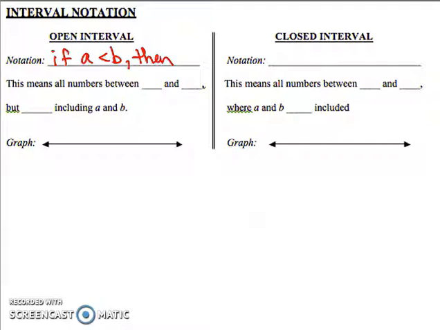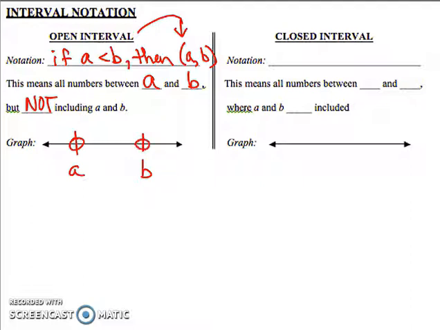We're going to have a rounded parentheses, A, comma, B. Okay, so what this means is all the numbers between A and B, but not including A and B. So that's what the round brackets signify, okay? Round brackets signify an open interval, meaning not including the endpoints. So if we were going to graph it, here's A, here's B. So all the numbers between A and B would look something like that.